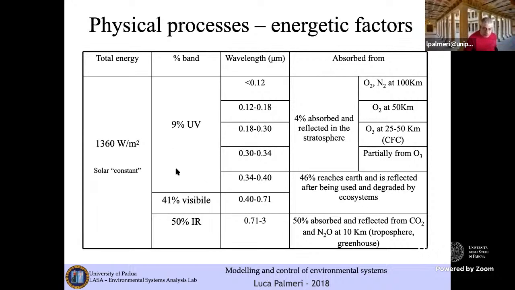Please note that half of the band of the solar radiation is infrared, so thermal radiation, and this is absorbed and reflected by CO2 and various other gases in the atmosphere.